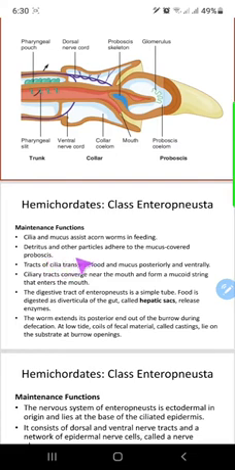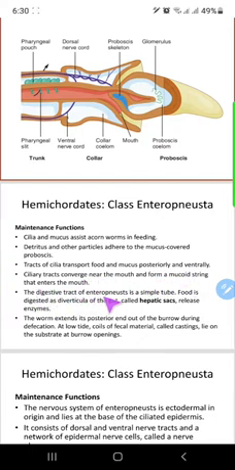Mostly the particles moving in the marine water are trapped here, and the trapping material is mucus. Tracts of cilia transport food and mucus posteriorly and ventrally. Food is moved backwards. Ciliary tracts converge near the mouth and form a mucoid string that enters the mouth.